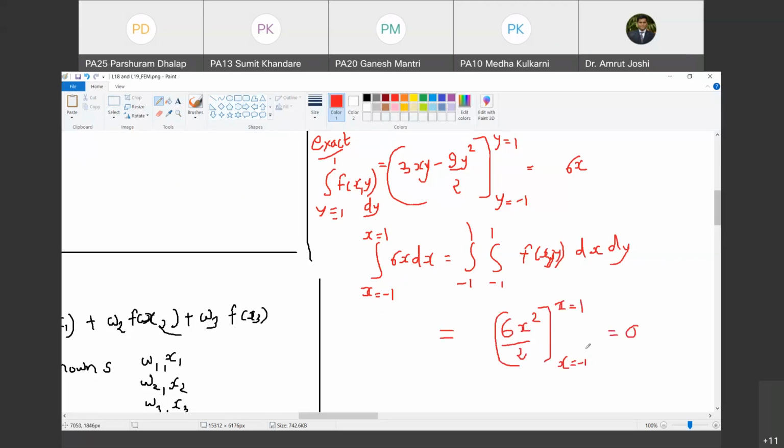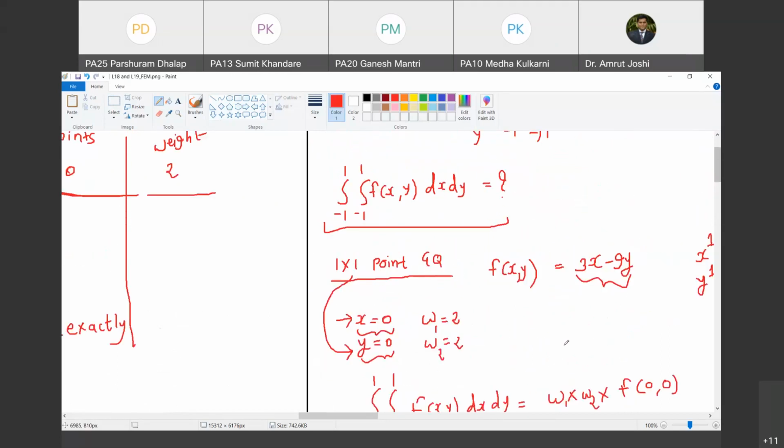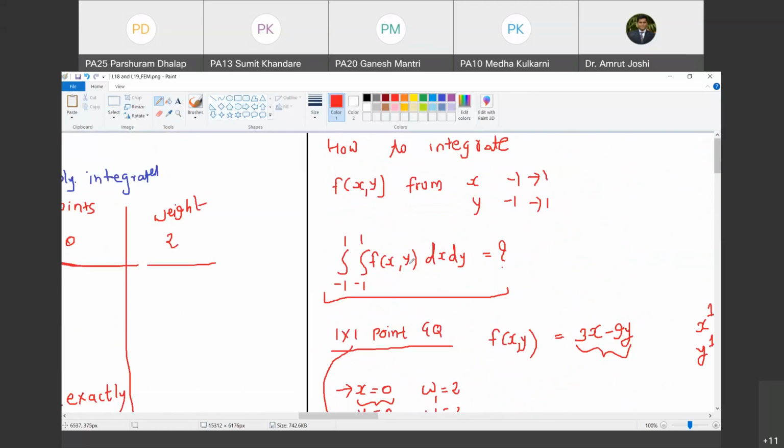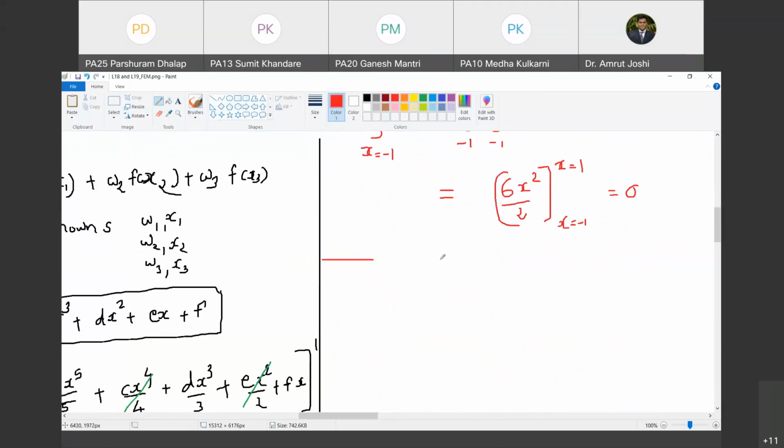This answer is going to be 0. Happy? Yes, sir. So this integration of f of x comma y turns out to be 0. Happy? Yes, sir. So exact and 1 cross 1 Gauss quadrature gives you the same result.